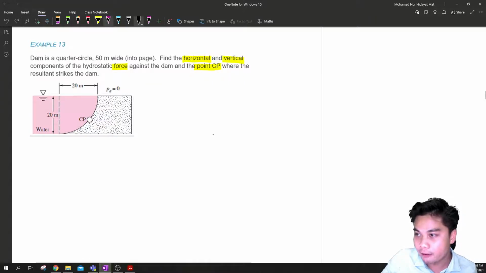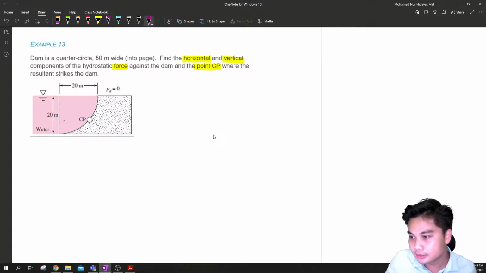That means we have the horizontal force and we have the vertical force. Let's say the vertical force acts toward the center of this quarter circle.